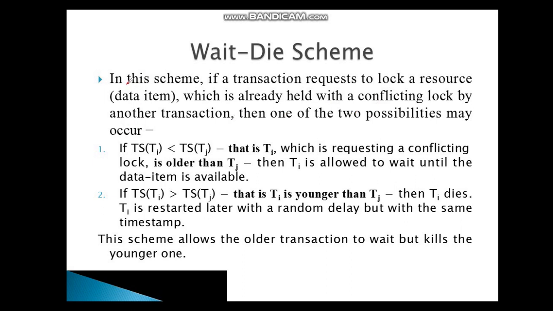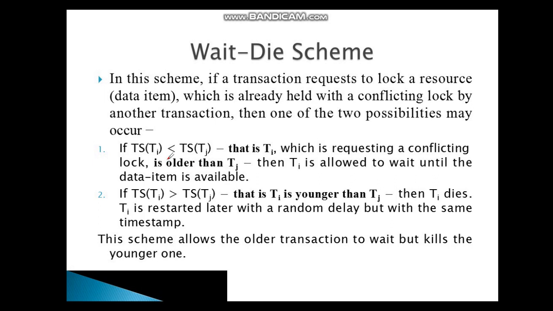First, if the timestamp of Ti is less than the timestamp of Tj, that is, Ti, which is requesting a conflicting lock, is older than Tj, then Ti is allowed to wait until the data item is available.